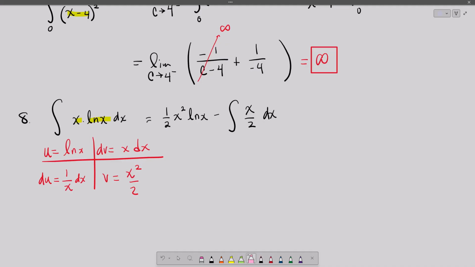So uv is this main diagonal, and then we subtract off the bottom row. That is easily integrable, so we are on the right track. So we have 1/2 x squared natural log of x minus x squared divided by 4 plus c.